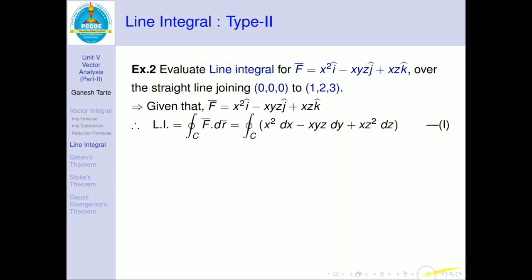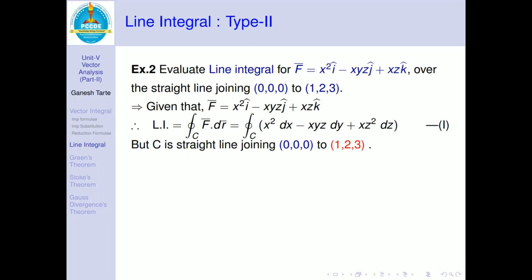Again we start with the definition of line integral over c of F bar dot dr bar, and therefore it is the integral over c of x square dx minus xyz dy plus xz square dz, equation number 1.